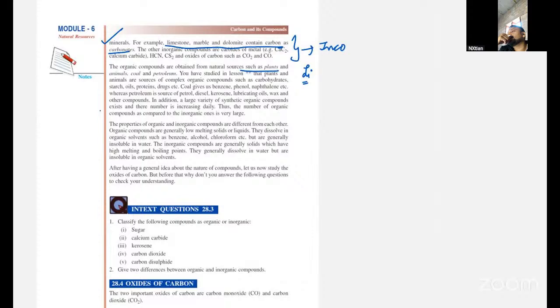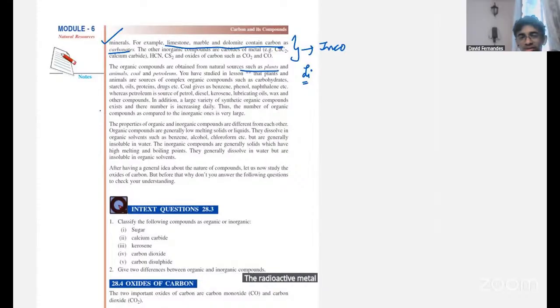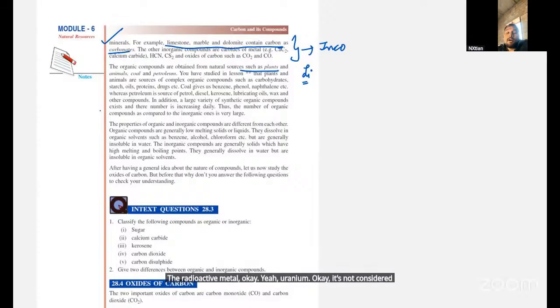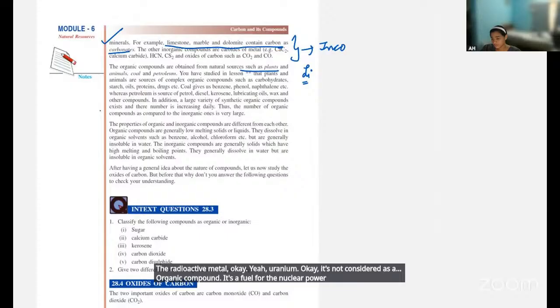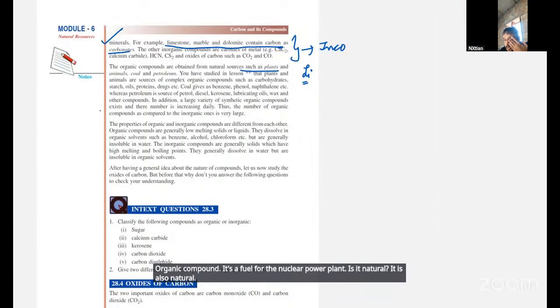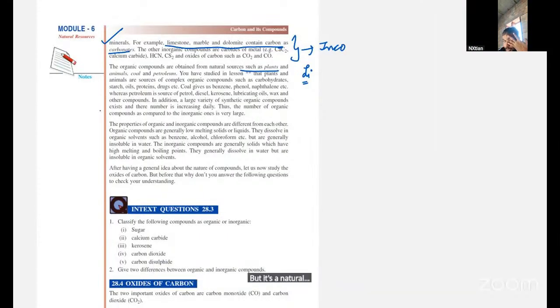I forgot the name of that source of energy, the radioactive metal. Uranium. It is natural and is used as fuel in a nuclear power plant, but it is not considered an organic compound.